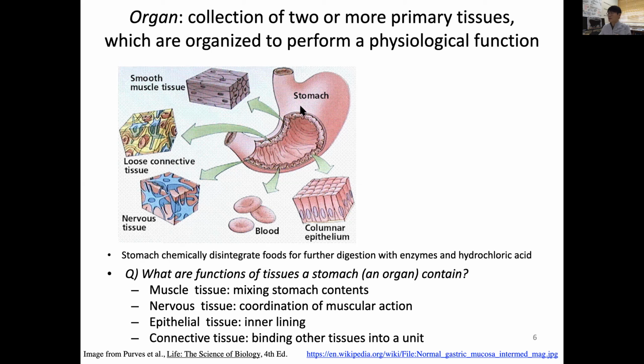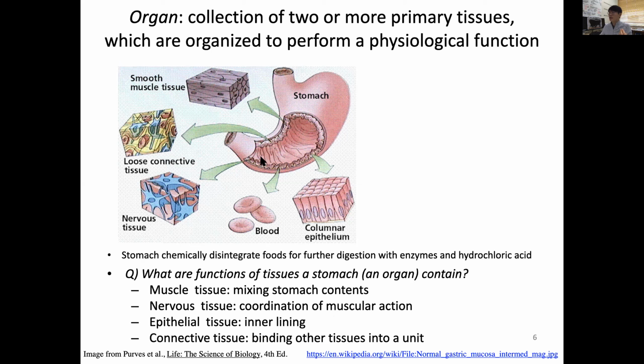So here's the stomach, and what are the functions of the tissues composing it? The stomach has muscle tissue. You can see a lot of smooth muscle tissue that will mix stomach content. And for this, you need nervous input. So nervous tissue will coordinate this muscular action. In fact, the stomach has to function with a coordinated action, like the heart.